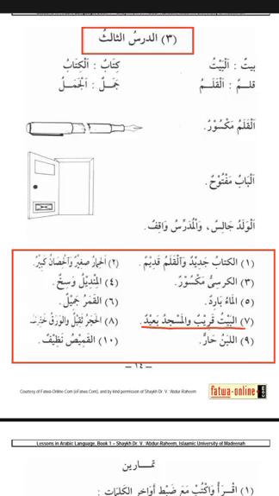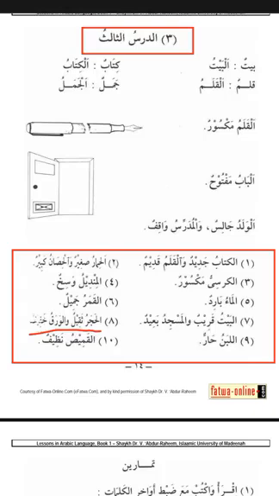Wal-masjidu ba'idun, and the mosque is far. So we know the subject and we know the predicate. Number 8, al-hajaru thaqilun, the stone is heavy. Wal-waraqu khafifun, and the leaf is light. So we know the subject and the predicate, and we can identify the words that are opposites.